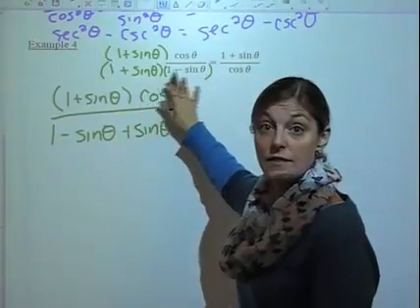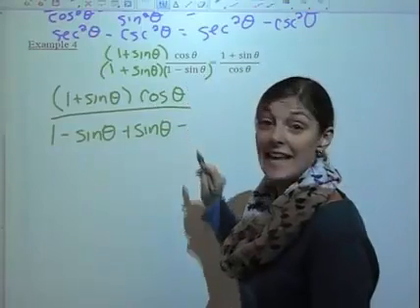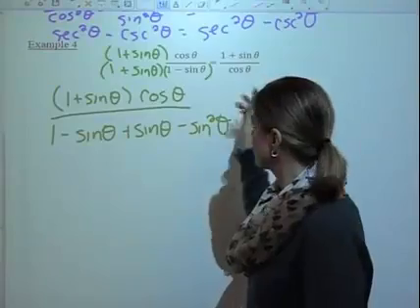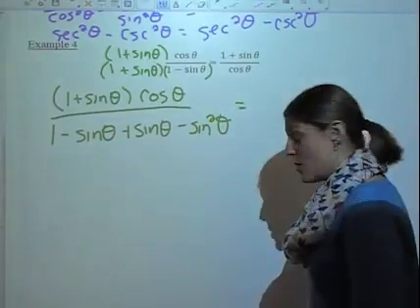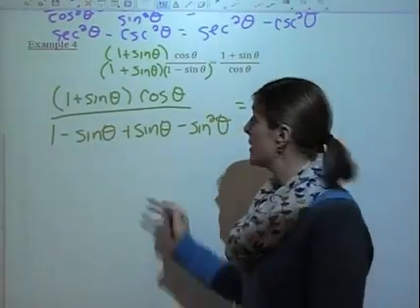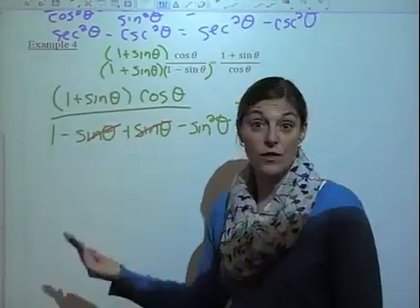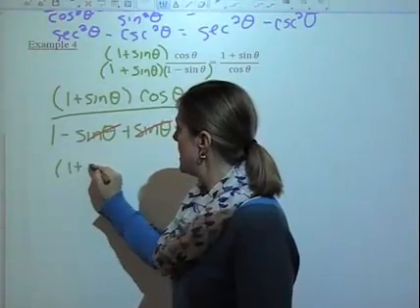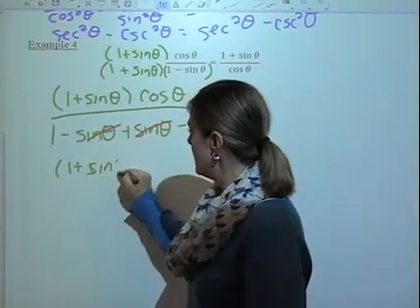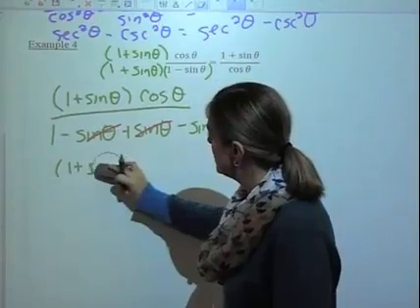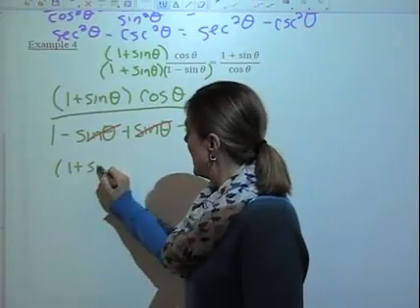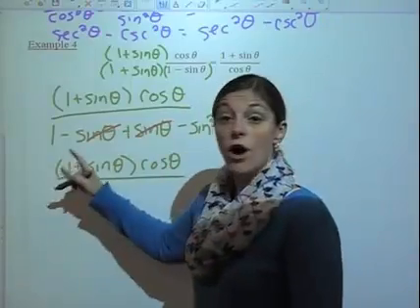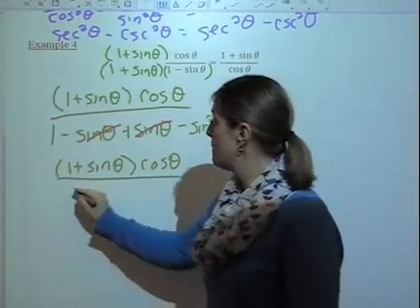And then positive sine theta times negative sine theta is negative sine squared theta. All right, now, what do you notice about the signs on the bottom? Yeah, you have a negative and a positive, so they're going to cancel out. So now we have 1 plus sine theta times cosine theta, all over 1 minus sine squared theta.